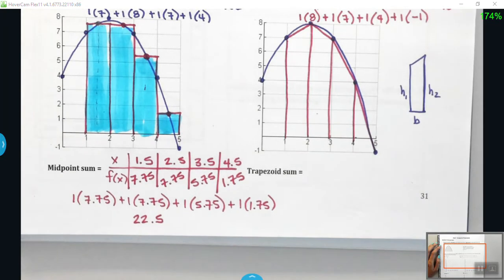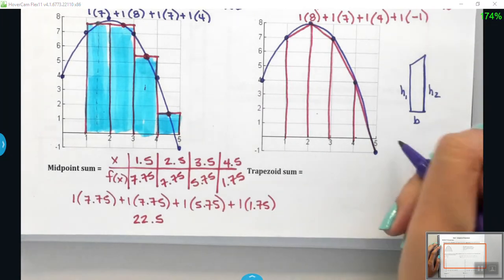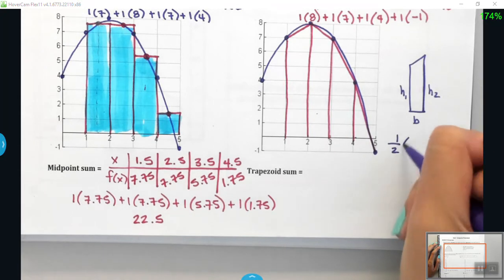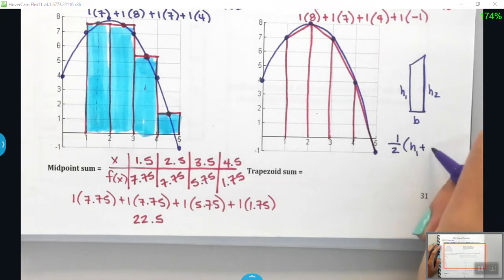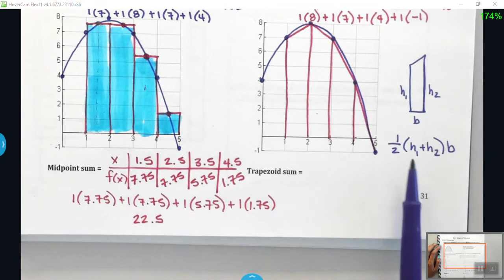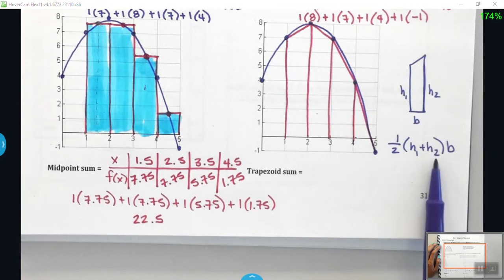So instead of base 1 plus base 2 times height, we're going to do height 1 plus height 2 times the base. But it's not just that, it's 1/2. So the area of a trapezoid is 1/2 times (h1 plus h2) times b.